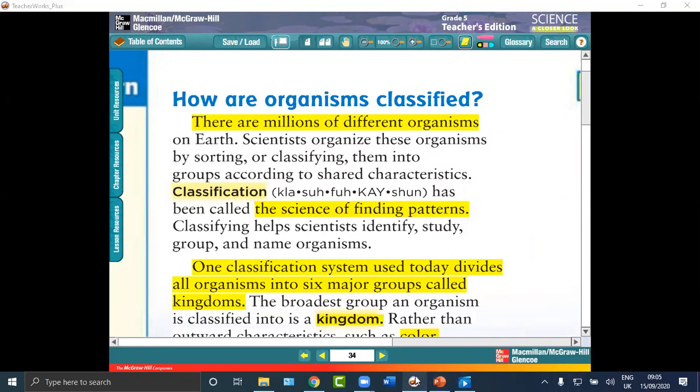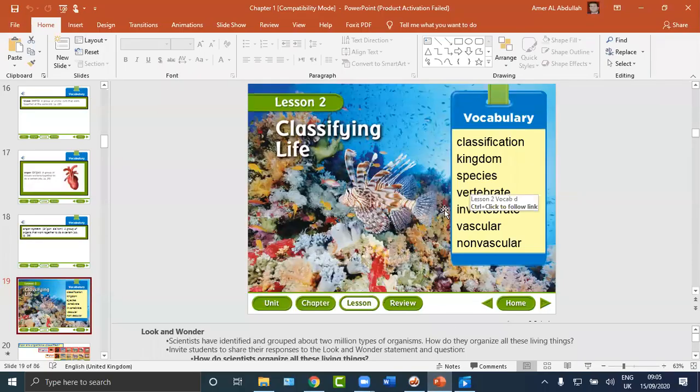Now let's see. Classifying life. We will define classification, kingdom, species, vertebrate, invertebrate, vascular, non-vascular.